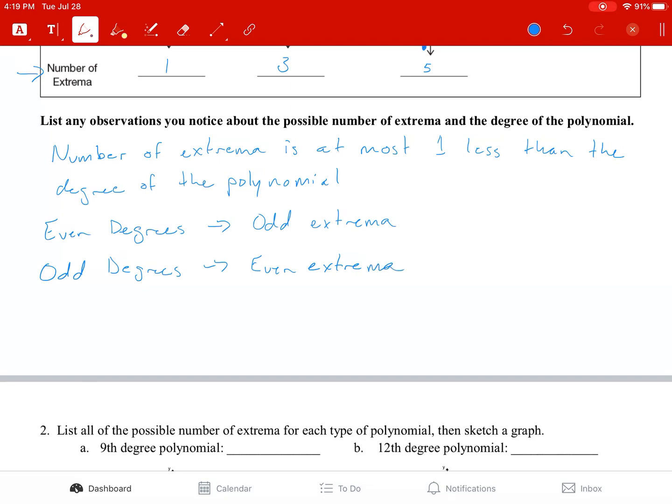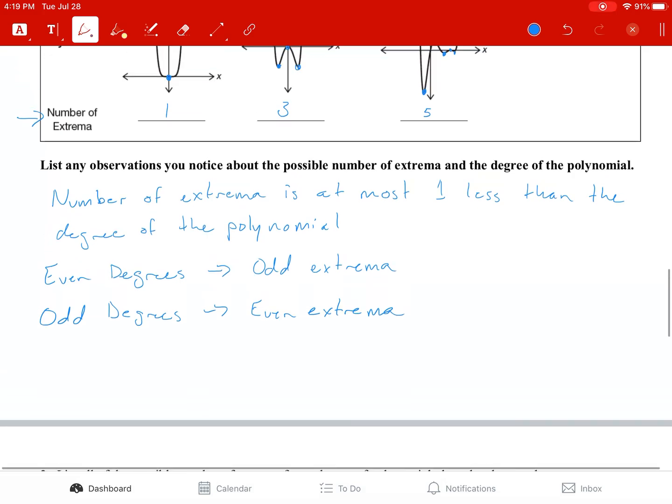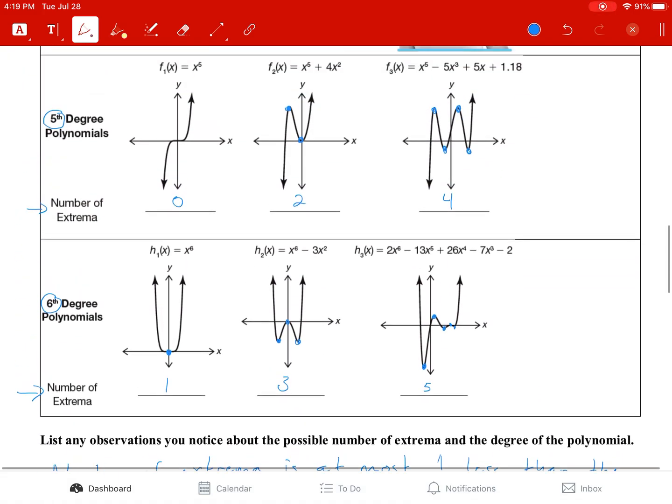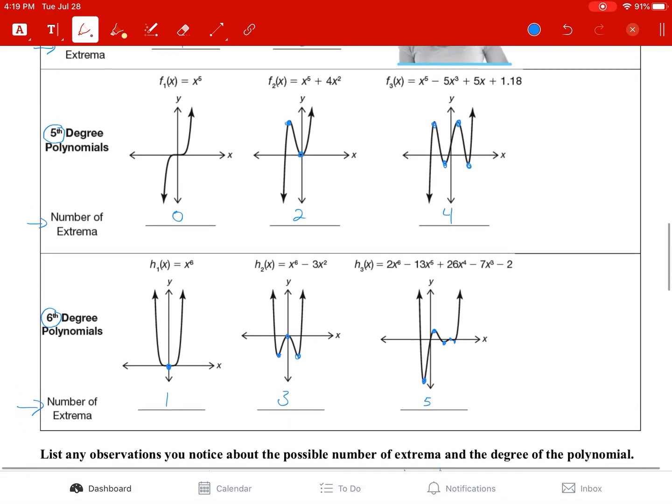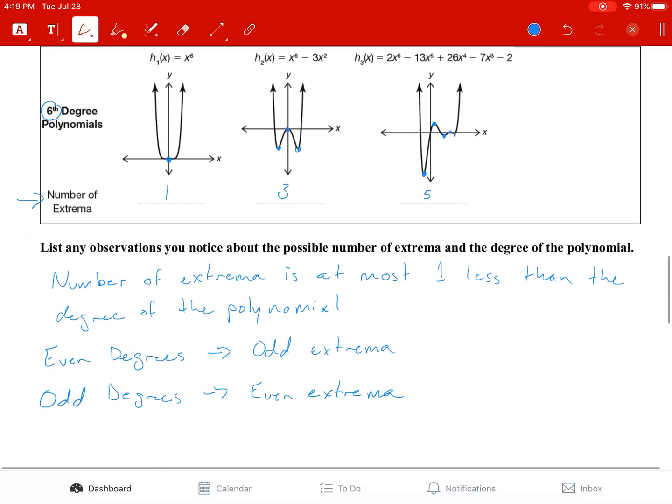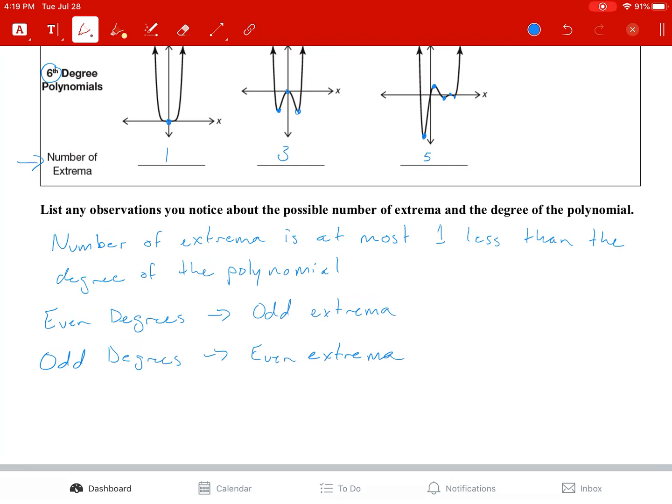You'll also notice something about this: the number of extrema never goes less than 0. We do have 0, but not less than 0, because you can't have negative highs or low points. So both of these can go as low as 0, but not less.